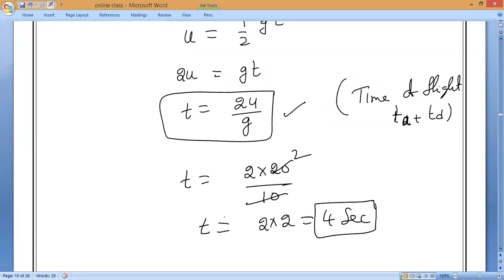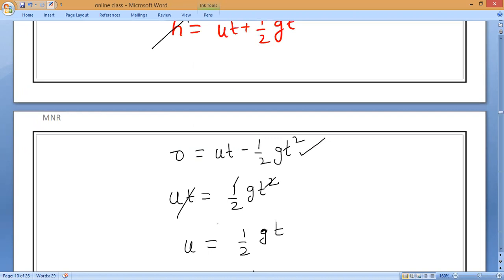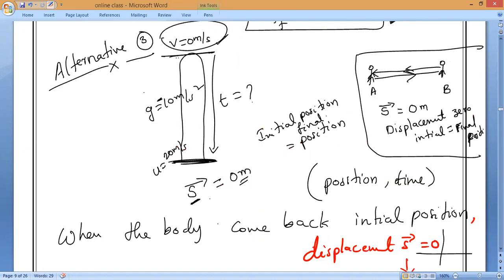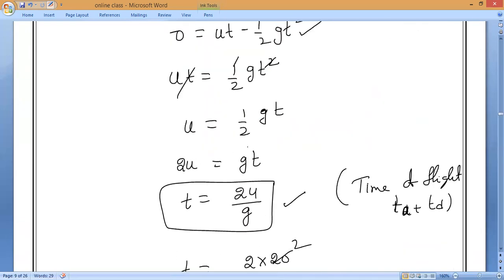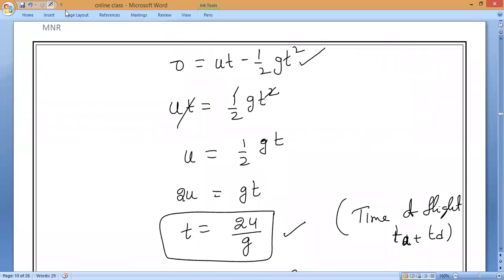Anybody can ask. Okay, guys? We are not using the shortcut formula, but we are using the formula by what? Second equation of motion. Understand, everyone? So here, what is the logic?